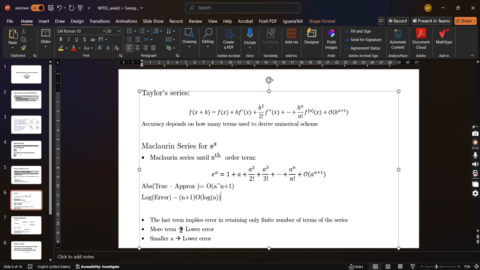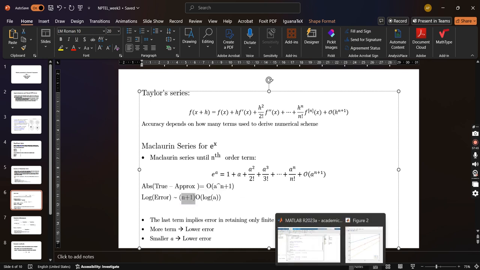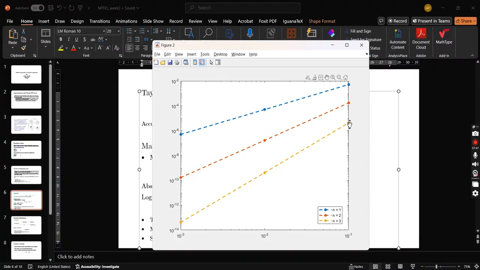So on a log plot, this is like y is equal to mx. So this should be my slope on the graph, of the order n plus 1. So if I go back to my graph, this is for n is equal to 3. So this is my first point.